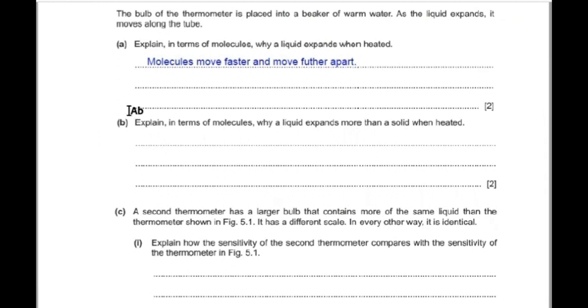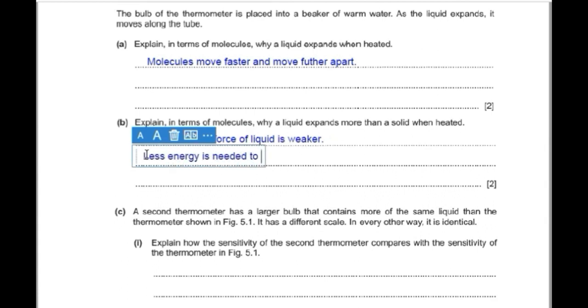Because the intermolecular force of liquid is weaker. Less energy is needed to overcome the force. That's why it can move further.